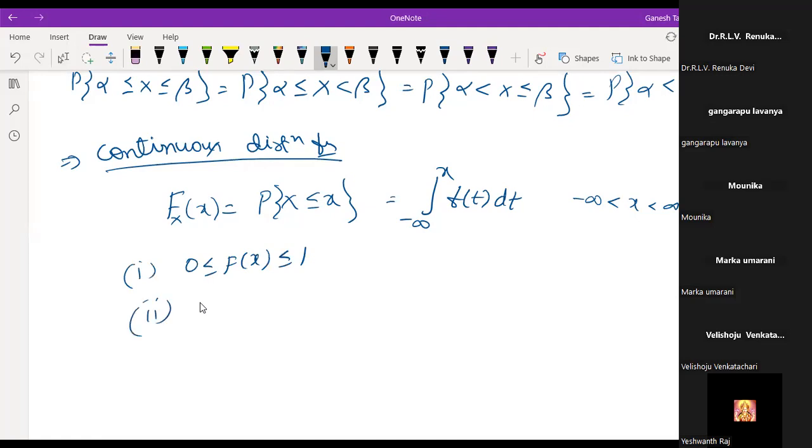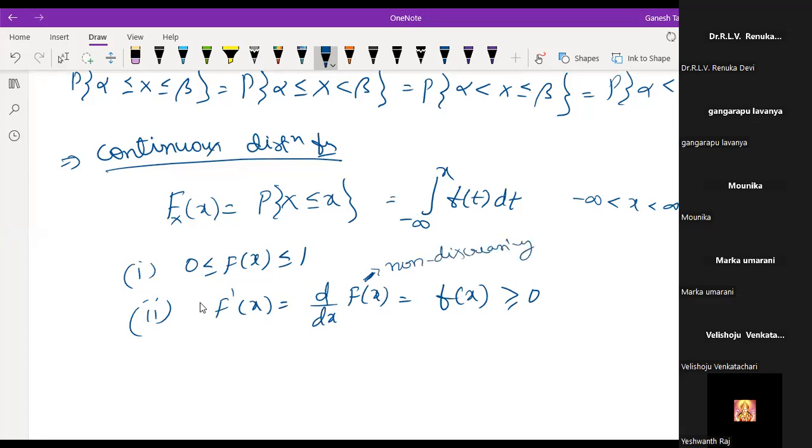Second one, because of the continuous case, F dash x, we can write, is the density function. Moreover, your capital F of x is a non-decreasing monotone function.